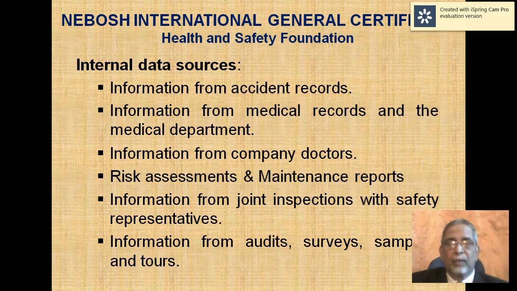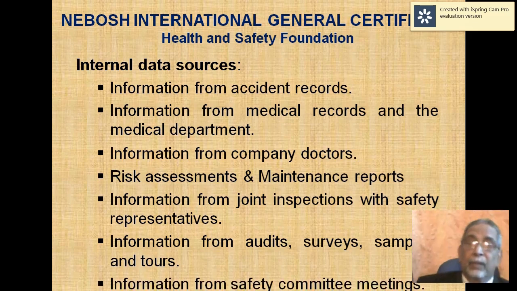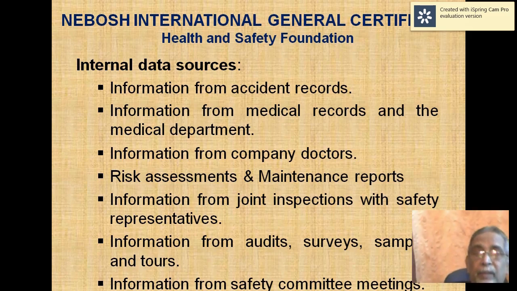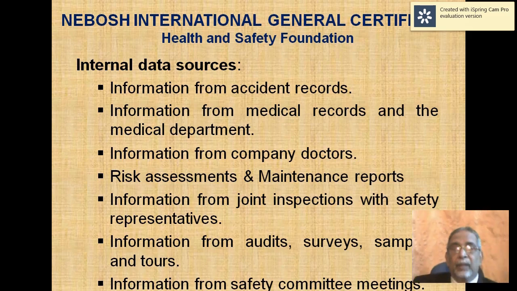All this information we get from internal data sources. Information from safety committee meetings is also an internal data source, where in a company, safety committee meetings are conducted. All this data is very helpful for us in establishing the HSE.